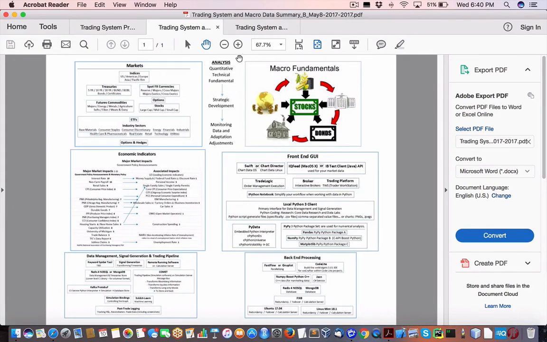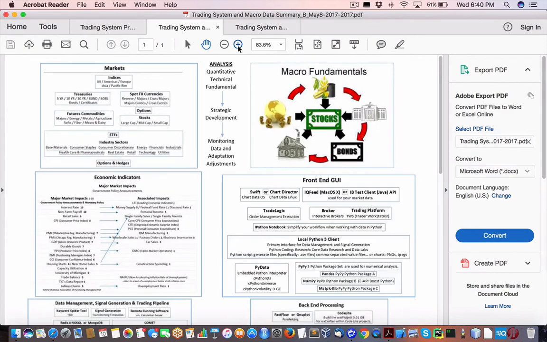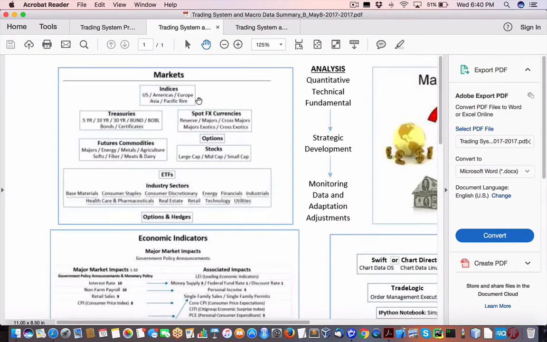PDF here. Let me just zoom in on this a bit. Okay, so here he's focusing on the different markets for asset classes divided up by indices.